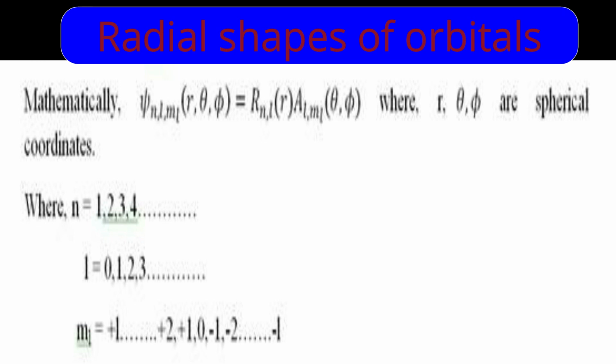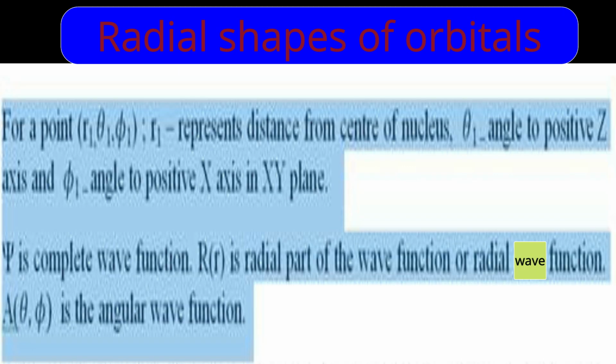If I consider a point r1, theta 1, phi 1, r1 will represent the distance of that point from the center. Theta 1 is the angle to the positive direction of the z axis.